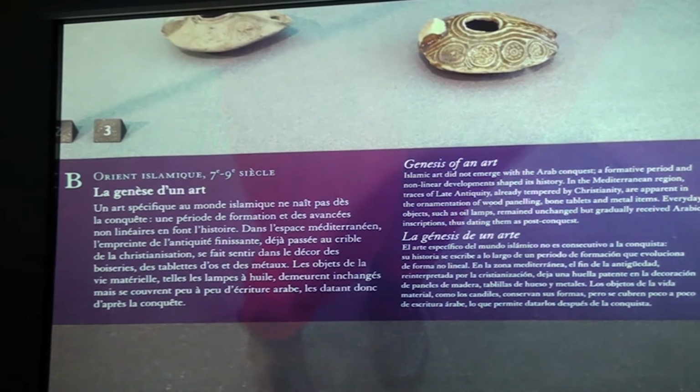Islamic art did not emerge without Arab conquest. Formative periods, nonlinear developments shaped its history. In the Mediterranean region, traces of late antiquity, already tempered by Christianity, are apparent in the ornamentation of wood paneling, bone tablets, and metal items. Everyday objects such as oil lamps remained unchanged, but gradually received Arabic inscriptions, thus dating them as post-conquest.